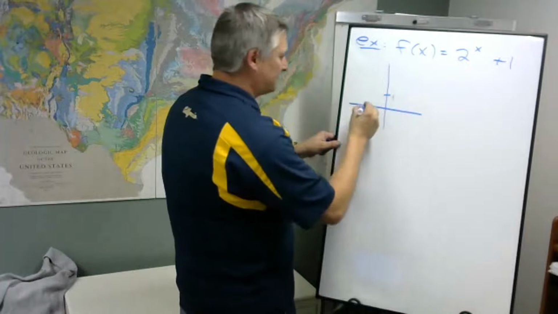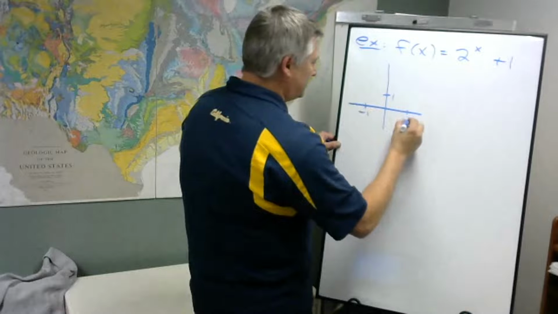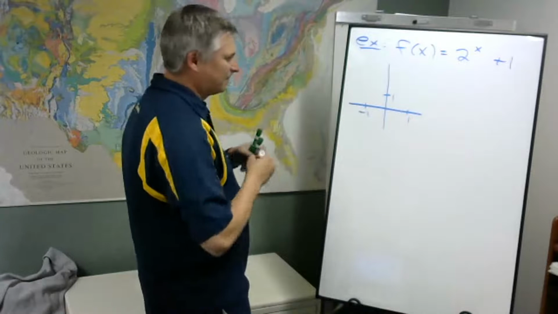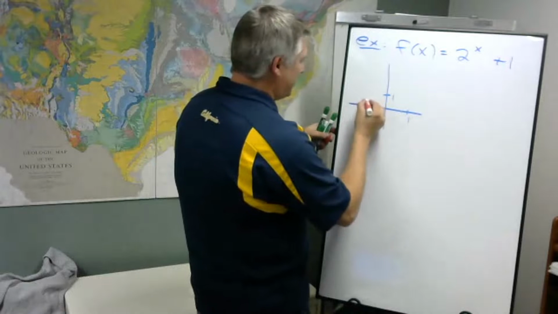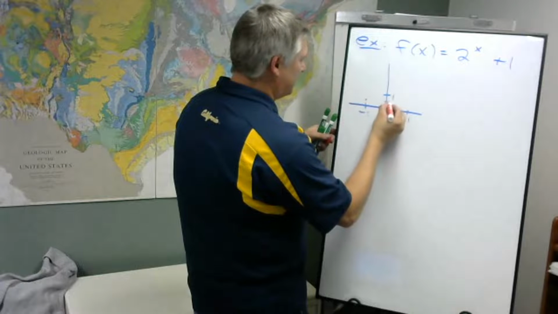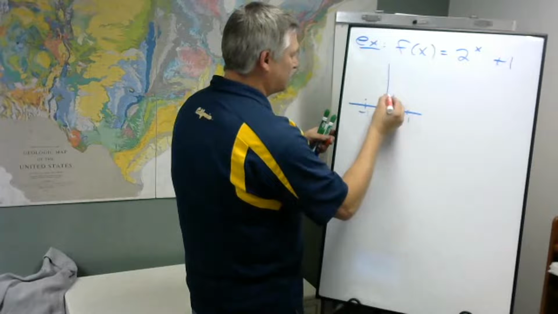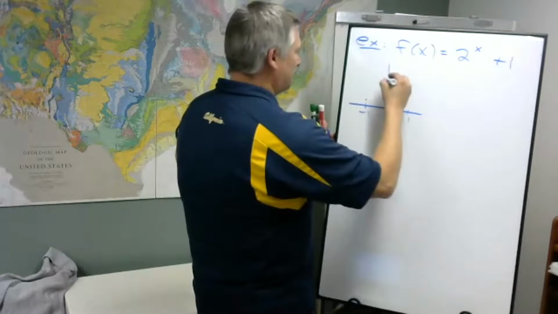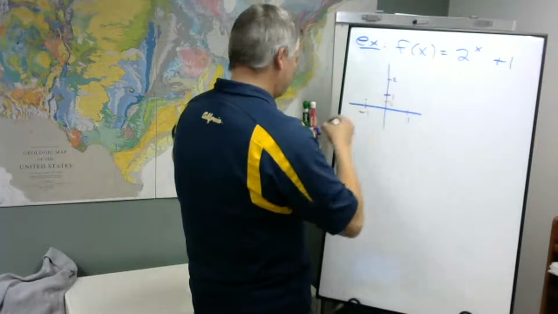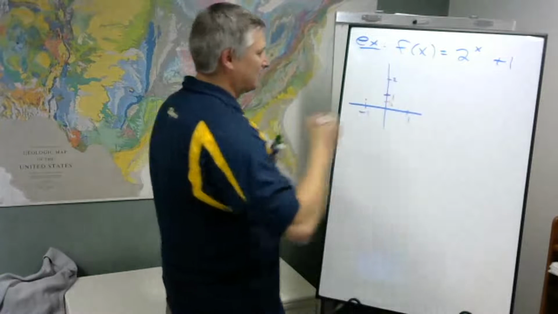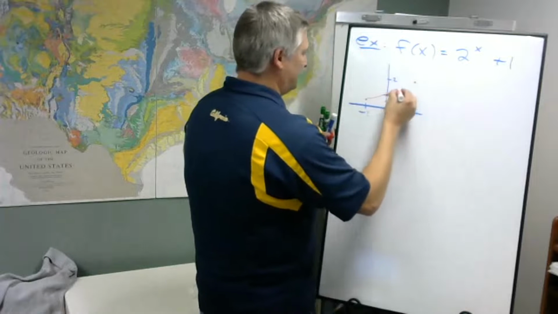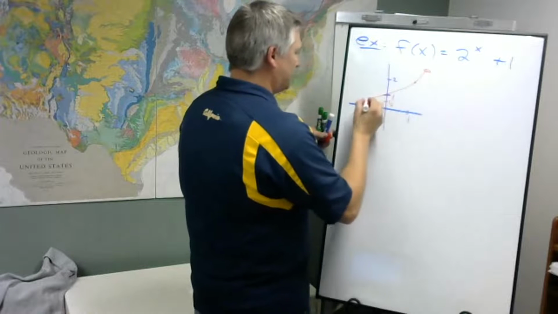That's always going to happen. You have -1 and 1/2, and then 0 and 1, and then 1 and 2. So very roughly, this is our graph.